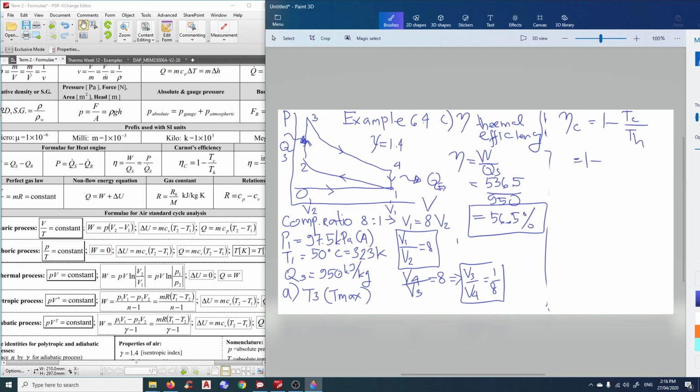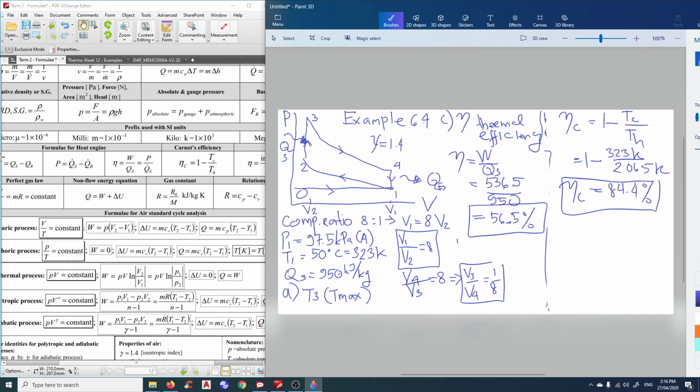In this case, the cold temperature is 50 degrees Celsius, so 323 Kelvin, and the hottest temperature is, we calculated in question A before, 2065 Kelvin. So the maximum theoretical efficiency is 84.4%.